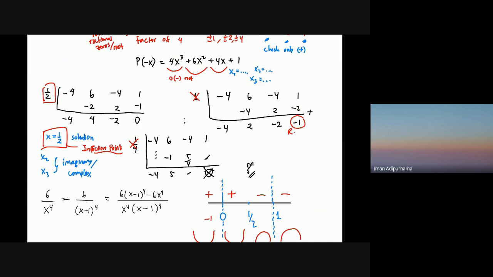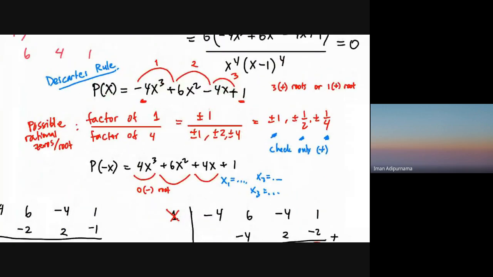Basically, you can check by trying some numbers, right? Trial and error. Check 0, check 1, check 2, check 3, maybe check 4, but it will not really have any goal. So by doing some checking with the possible roots, you check the factors of the constant coefficient divided by the factors of the first coefficient.